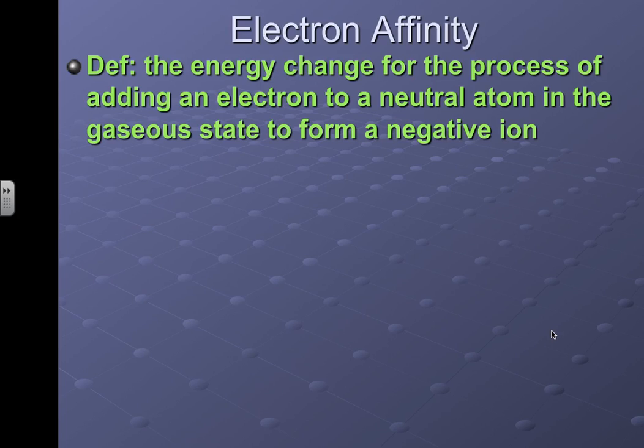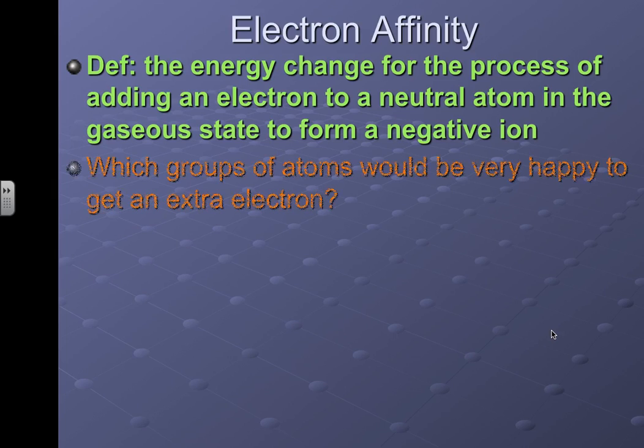Ionization energy is removing an electron. Electron affinity is adding an electron. So they will be similar in their trend line, but it's an opposite definition.